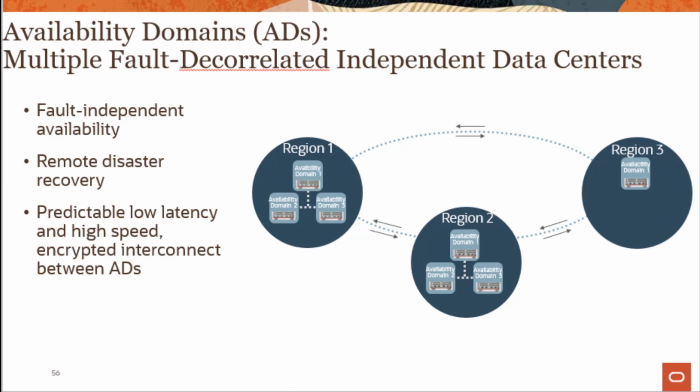And all these links between different ADs, if we look at the 3 ADs in region 1, are encrypted as well. So in this scenario, we can see that a customer can choose to deploy their application across multiple ADs, for example, in region 1, thus getting very highly available applications.